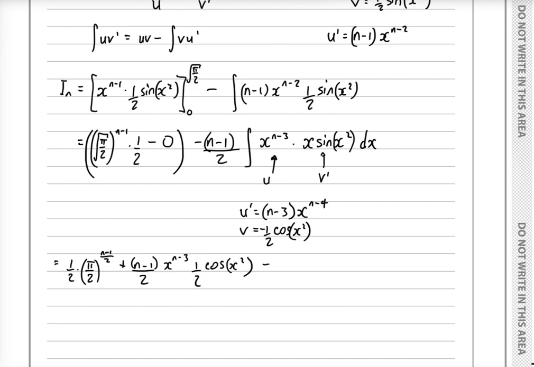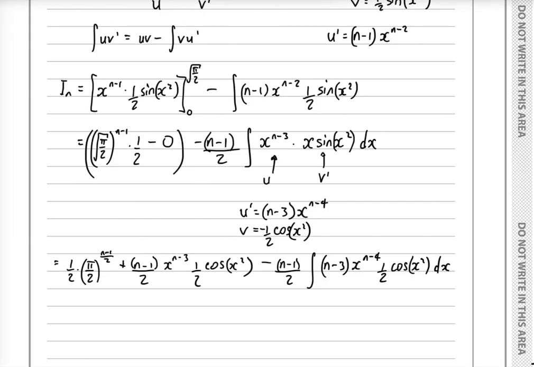Then we have minus n minus 1 over 2 again as the multiplier in front, but this time we have a minus, so that becomes a plus, integral v u prime. U prime is n minus 3 x to the n minus 4, and v is minus, so this becomes a minus again, a half cos x squared.